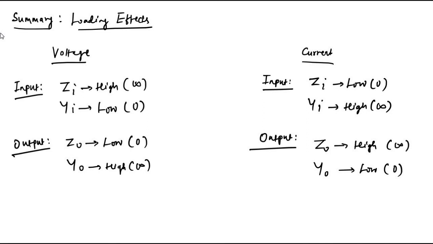So I have given both ways of representing this. Suppose you write input impedance is high, it automatically means that the input admittance is low. If you say input admittance is low, it automatically means input impedance is high. Similarly, if you say the output admittance is low, it automatically means that the output impedance is high.